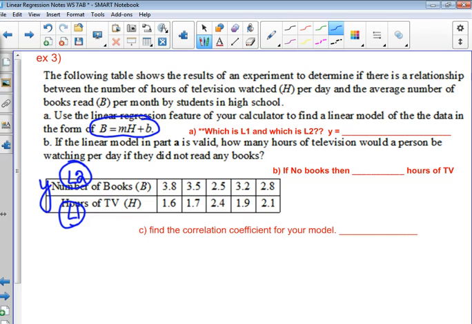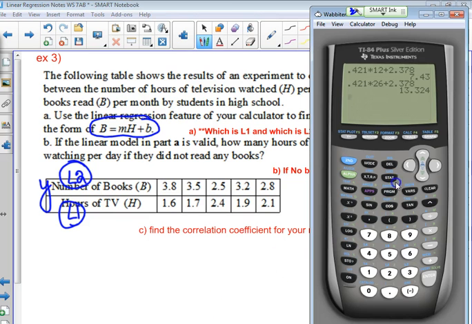All right, how fast can we type these in? I'm not very fast. First of all, you could go to Y equals and get your old equation out of there. Stat, enter. Now, remember, L1 is the TV, so make sure you're putting those numbers in L1. Please do this with me.